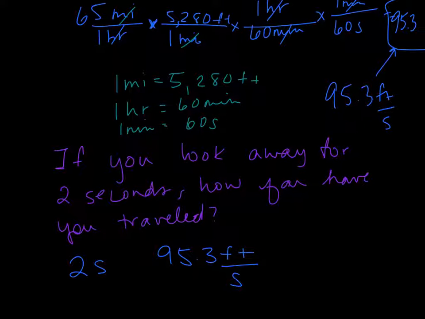And so one thing that I try to remind you to do is to always use the number that does not have a unit in the denominator first. So if we look at this number right here, this number doesn't have a denominator in the unit, while over here this one does. And so what we would start with would be the 2 seconds.